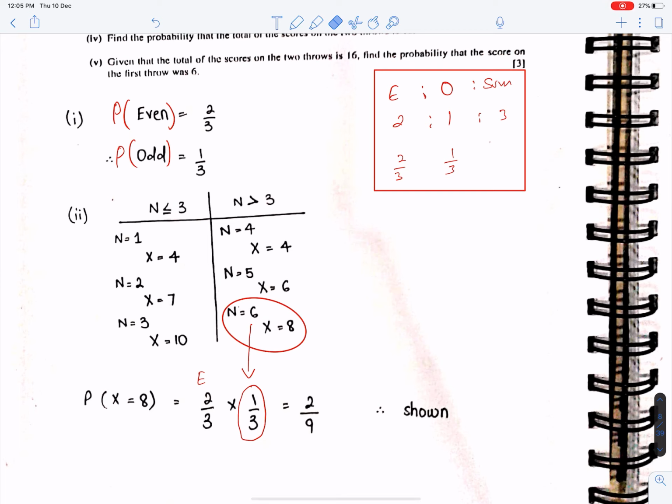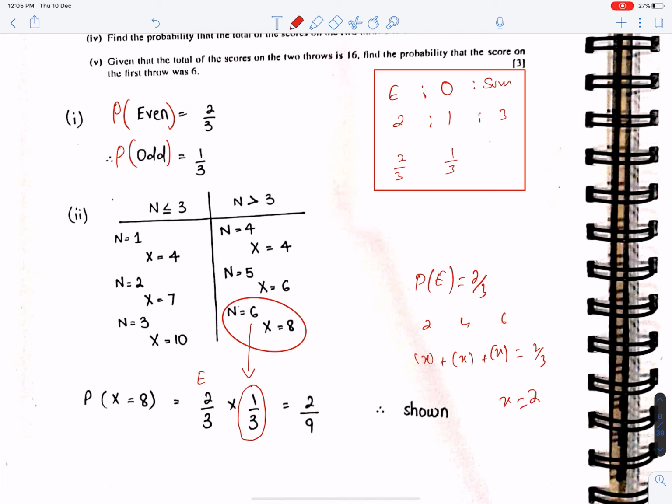The probability of an even number is 2 upon 3 in general. So there are 3 even numbers, 2, 4, 6. Let me correct this. This is x, this is x, this is x, and the total probability is 2 upon 3. So x will be 2 upon 9.